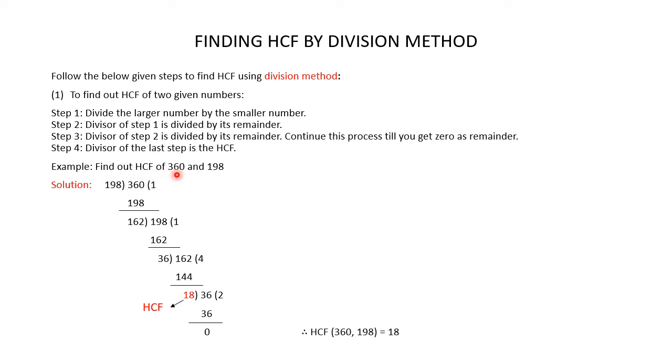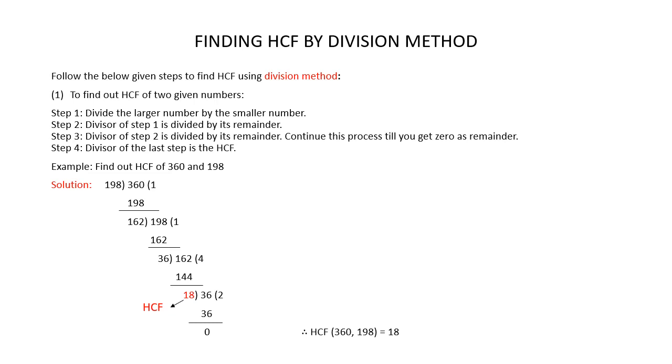Find out the HCF of 360 and 198. The first step is you have to divide the larger number by the smaller number. Here 360 is the larger number and 198 is the smaller number. So divide 360 by 198. You will get 162 as the remainder.